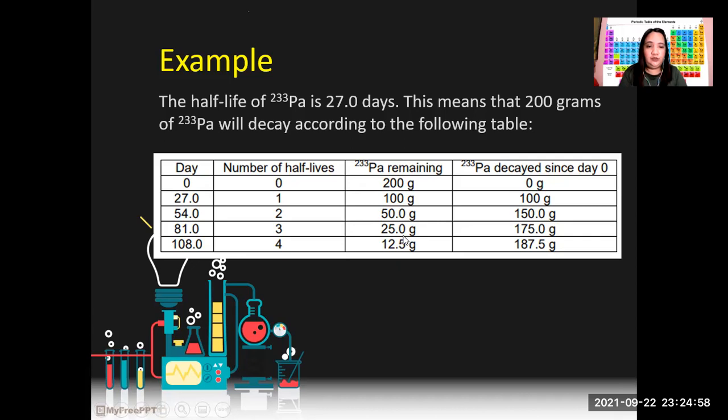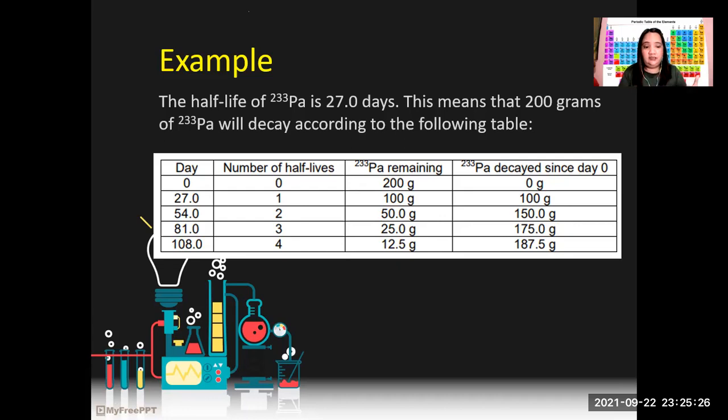Whatever is left is 25, and the decayed amount is already 175. Then on the 108th day, that will be the 4th half-life. The remaining Pa is just 12.5 grams, and what decayed is already 187.5, and so on. This is how you analyze it, by just figuring out the diminishing factor of half the life.